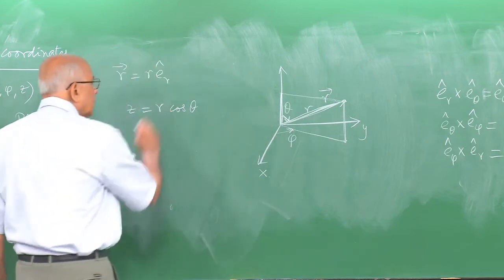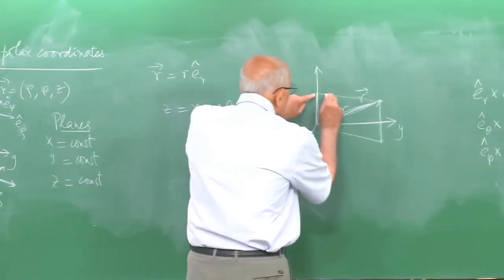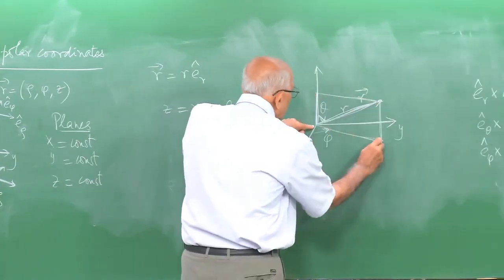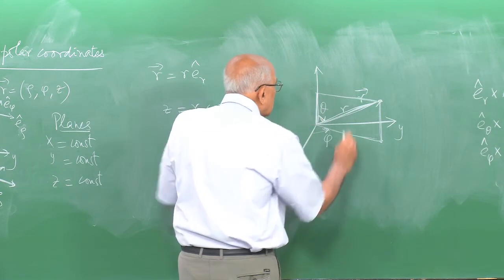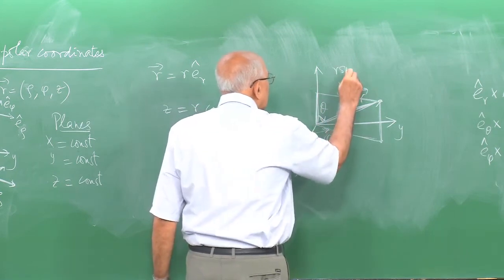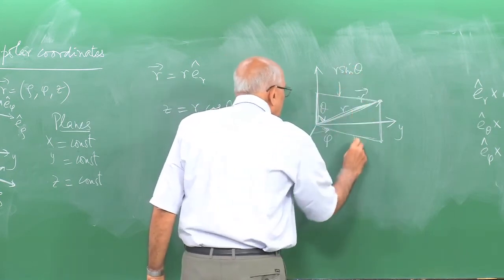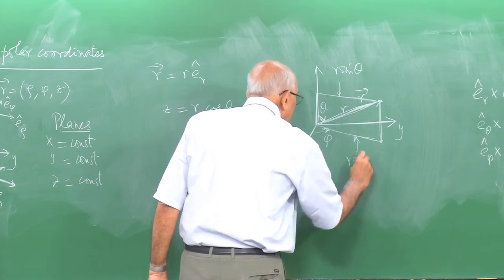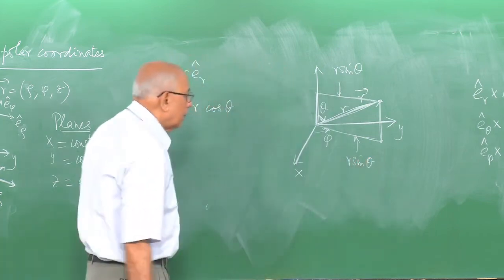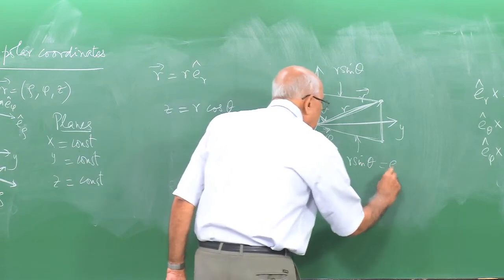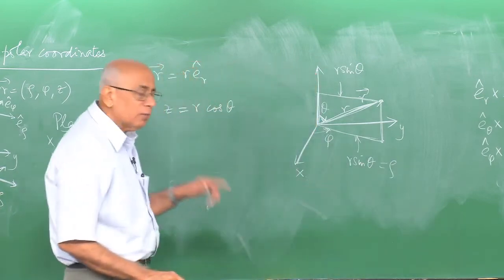So that's the first relation out here. On the other hand, this distance is r times sine theta. But that's what we call rho, the distance in the xy plane to this point of projection.